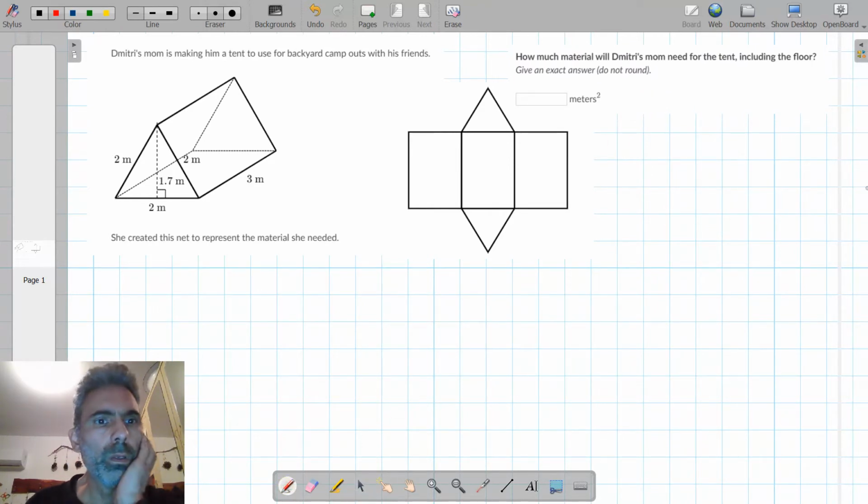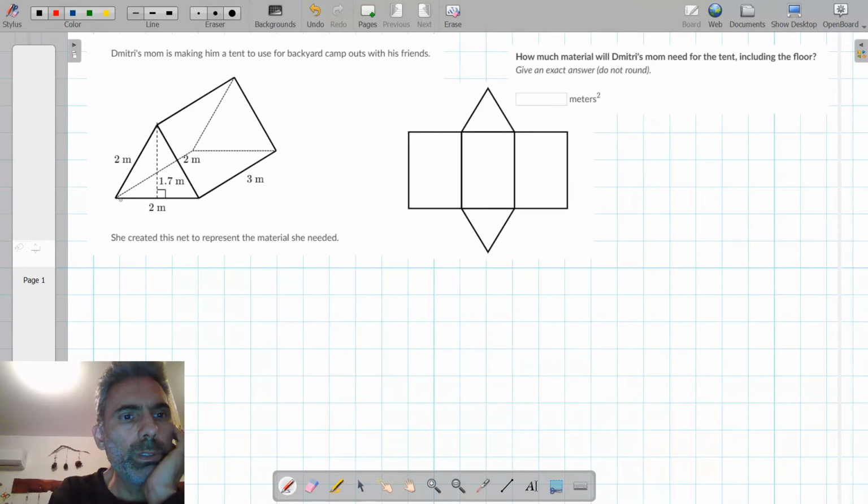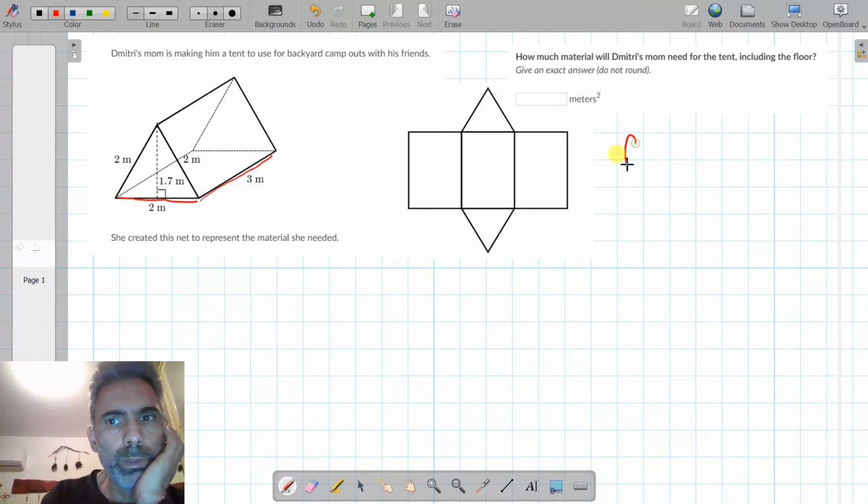The floor of the tent is 2 times 3, which is 6.